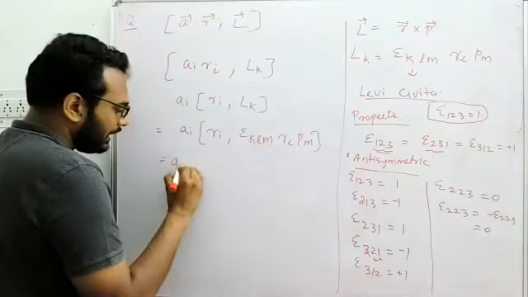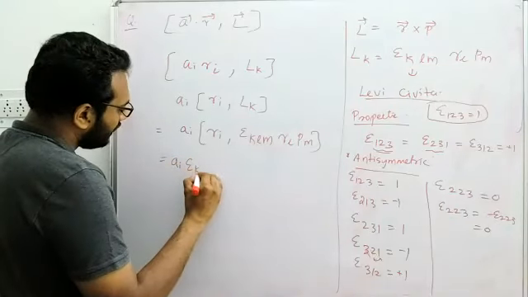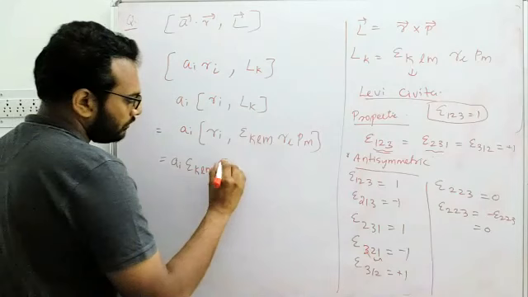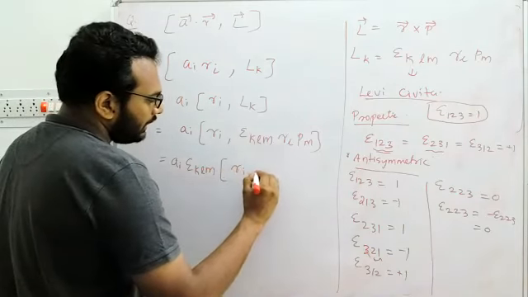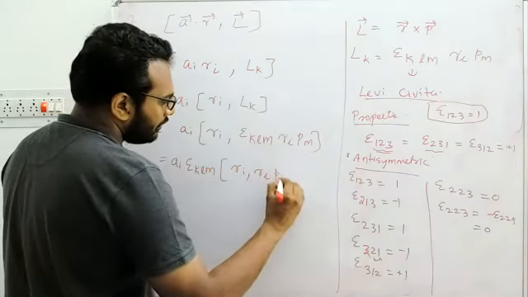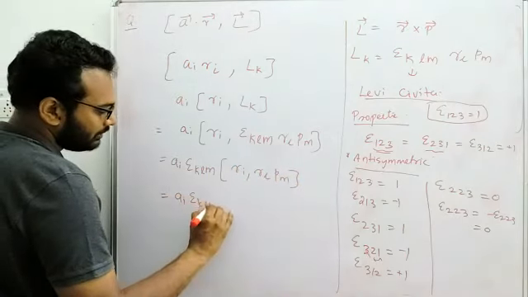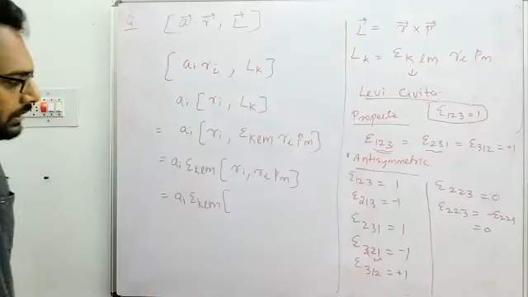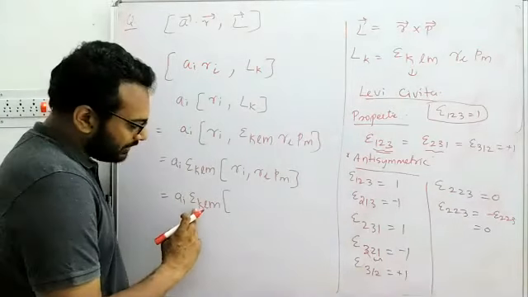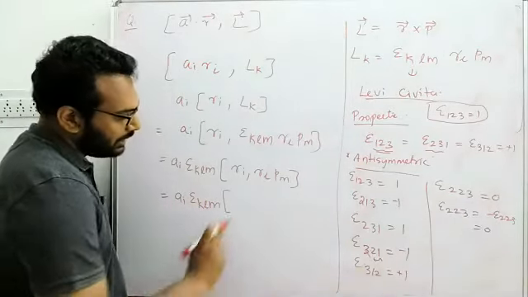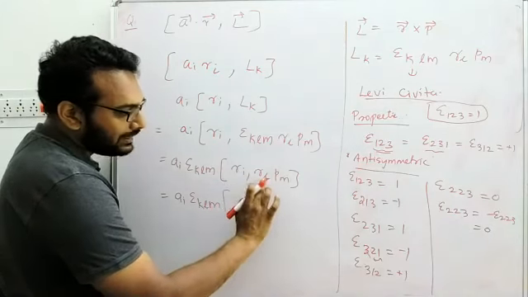So it's equal to A_i epsilon_{Klm} {R_i, R_l p_m}. This is very convenient in solving problems.